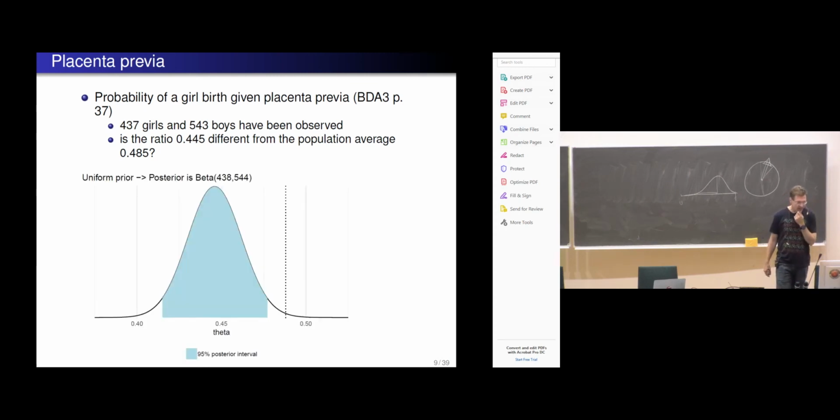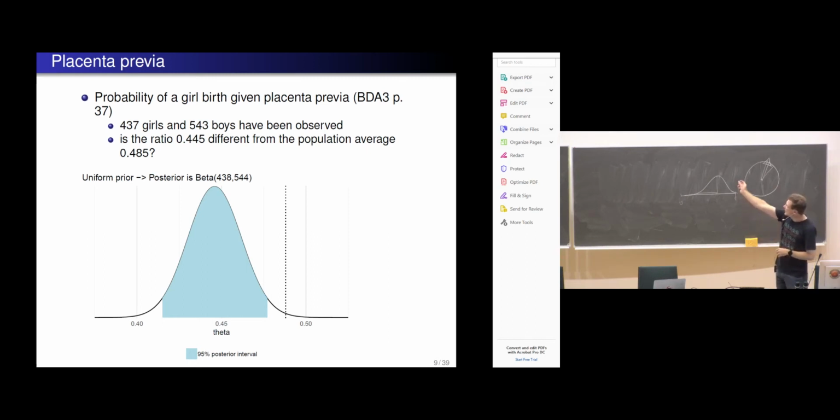The posterior beta is 437 plus 1 and 543 plus 1, and we can plot it. There's a 95% posterior interval, the reference value is plotted, and then we can compute the probability that theta would be less than this population average.